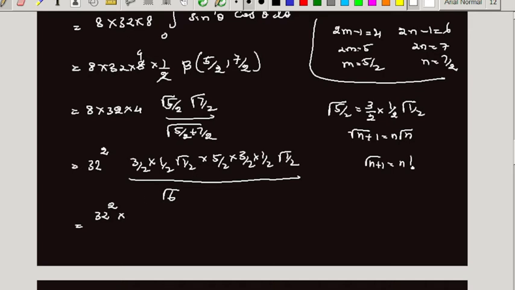Here we can multiply. We can write it as, so 5 3s are 15, 15 3s are 45, dividing by 2 power 5 is 32, and gamma 1 by 2 into gamma 1 by 2 is square root of pi whole square, we get pi. Here gamma 6 is there, it is nothing but 5 factorial. 5 factorial can be written as 5 into 4 into 3 into 2 into 1.